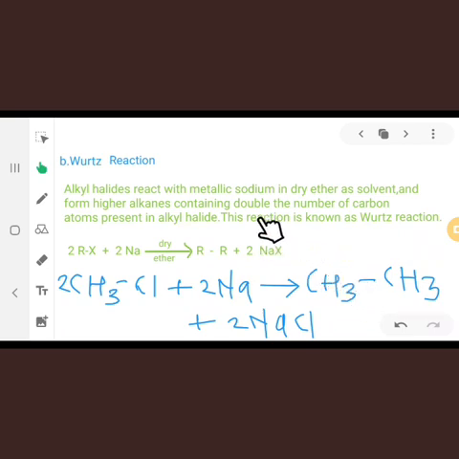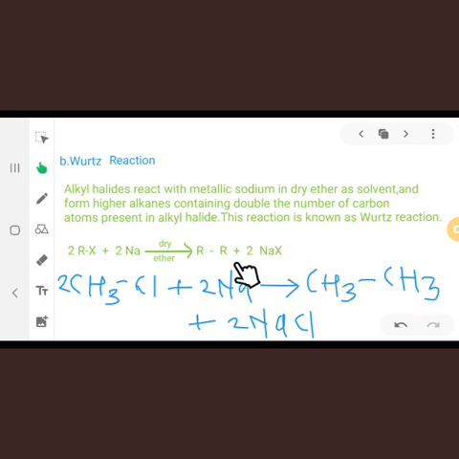Okay, now what we have seen is that the alkane formed as product has double the number of carbon atoms than the reactant. So the reactant, see here, is CH3Cl. Here we have taken 2 molecules, but we have to consider only 1 molecule of CH3Cl. In that one CH3Cl, only 1 carbon atom is there. But in 1 molecule of the product, 2 carbon atoms are there.